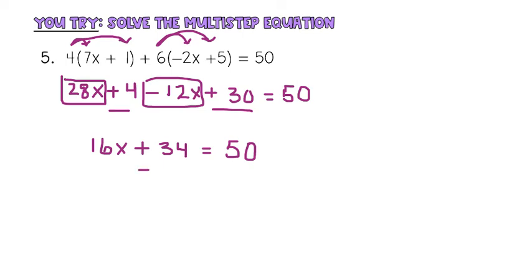I'm going to subtract by 34 on both sides of my equal sign, keeping the equation balanced. 34 minus 34 equals 0, so this goes away, and I'm left with 16x is equal to, now I solve 50 minus 34, which is equal to 16.